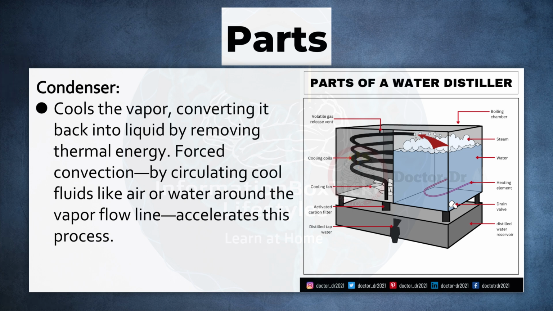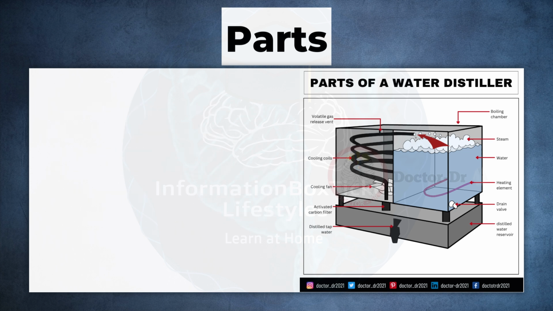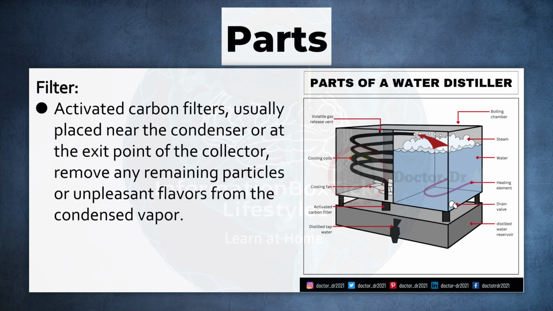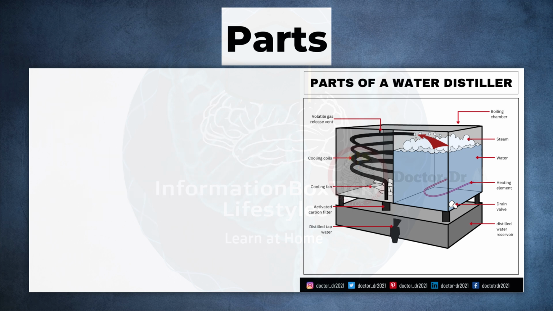Forced convection, by circulating cool fluids like air or water around the vapor flow line, accelerates this process. Filter. Activated carbon filters, usually placed near the condenser or at the exit point of the collector, remove any remaining particles or unpleasant flavors from the condensed vapor.